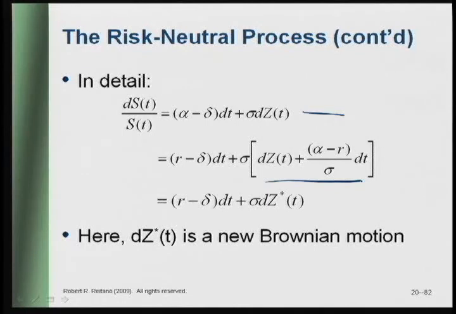So in this old dz term, we've stuck a drift. And the question becomes, can I make this into a new Brownian motion? Can I take a Brownian motion with a drift? So this looks like an arithmetic Brownian motion, doesn't it? Is there some way of taking arithmetic Brownian motion and changing the probability structures of those various paths so that with the new probabilities I get a traditional Brownian motion without the drift? Namely, and I'll call that dz star.